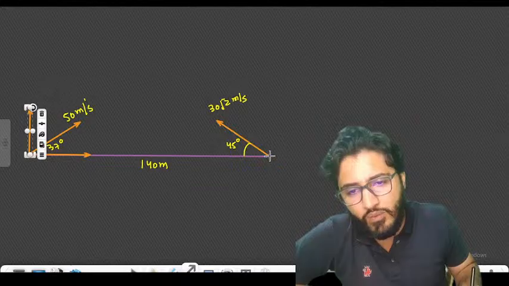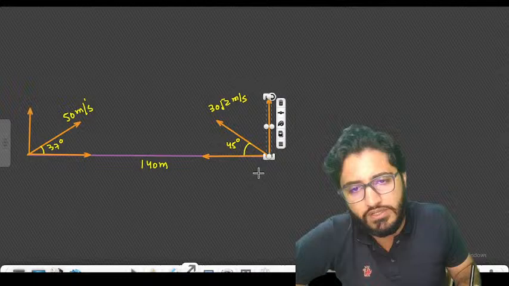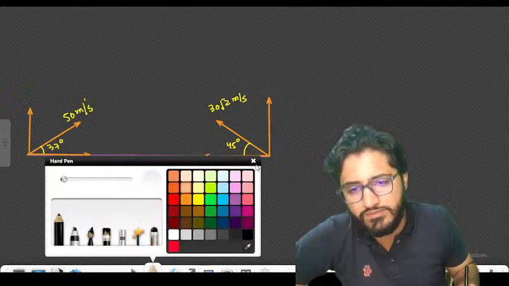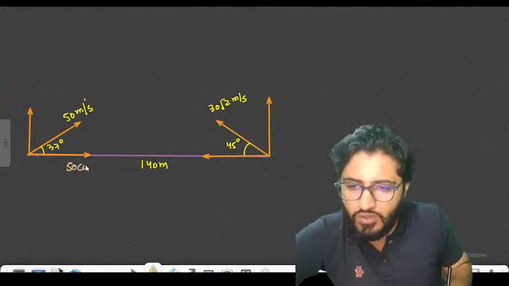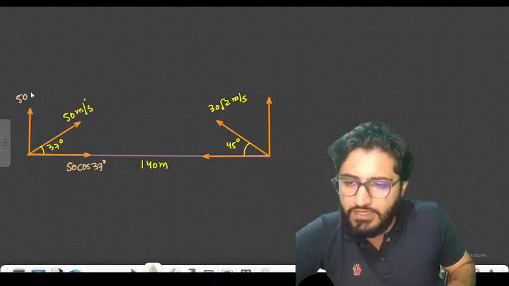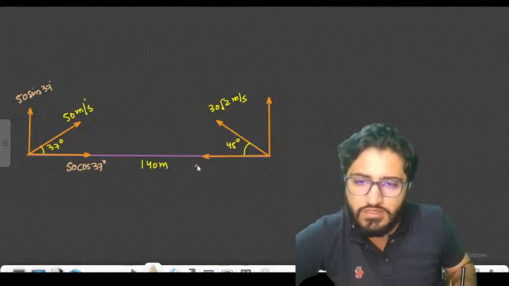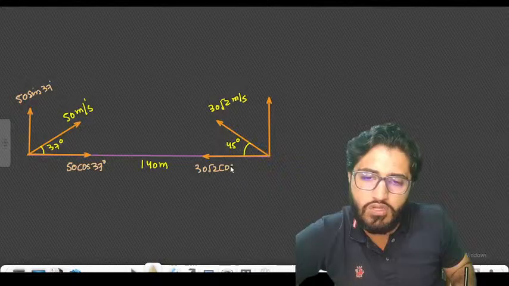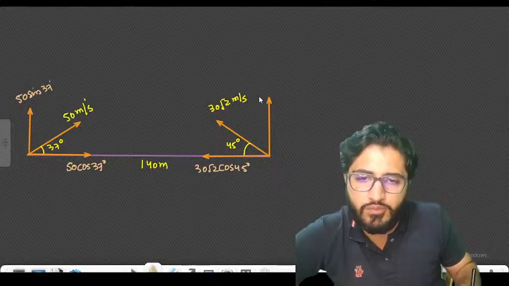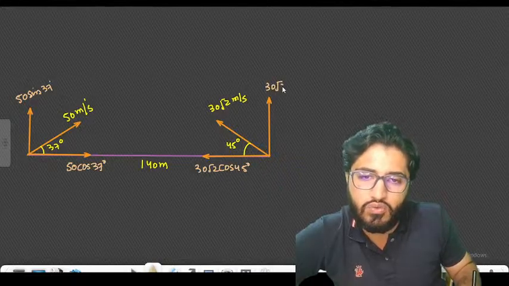In the same way, one will be along this particular thing and one will be along this particular thing. So if it is 50, this would be 50 cos 37 degree. This would be 50 sin 37 degree. This would be 30 root 2 cos 45 degree. This would be 30 root 2 sin 45 degree.